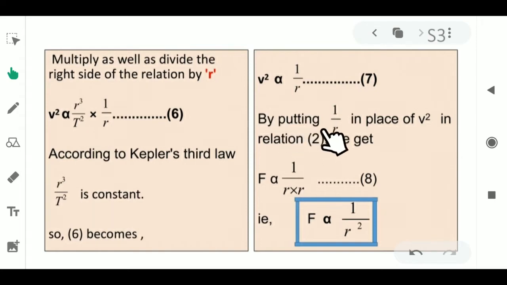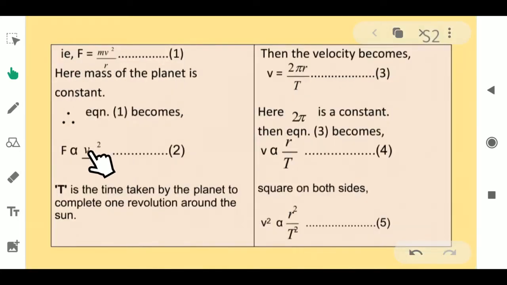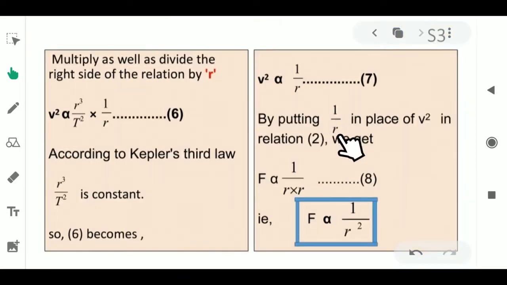Then, by putting 1 by r in place of v square in relation 2. Relation 2 means this one. In this relation, we are replacing this v square by 1 by r.